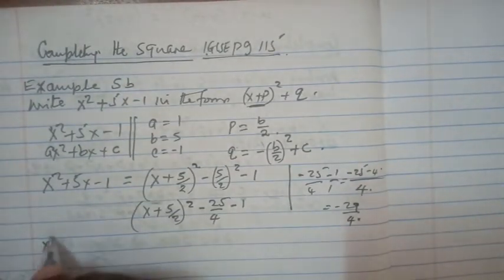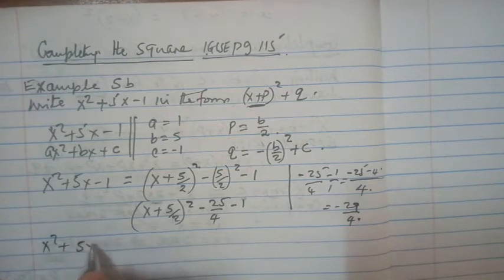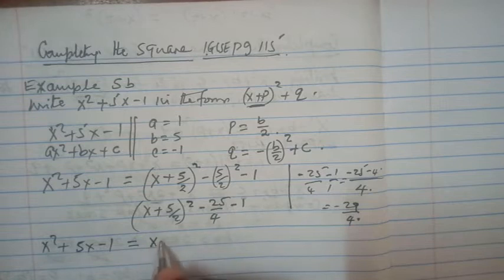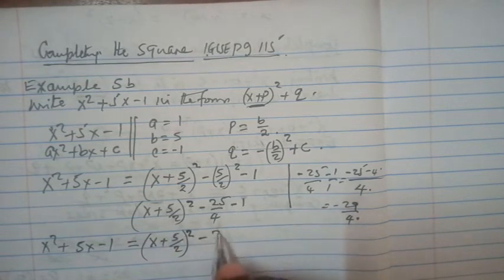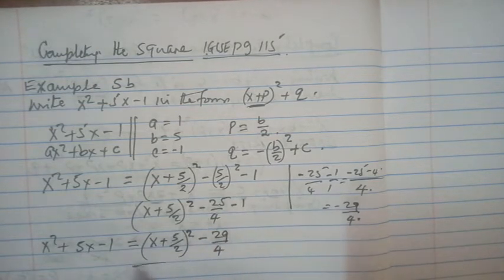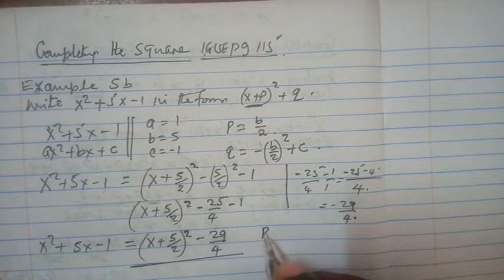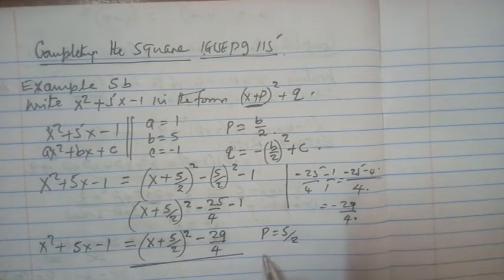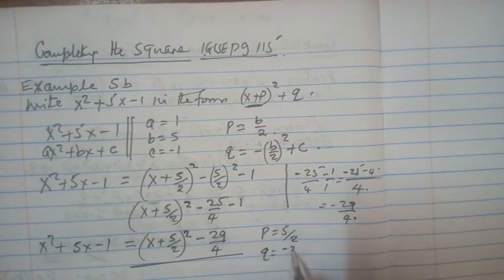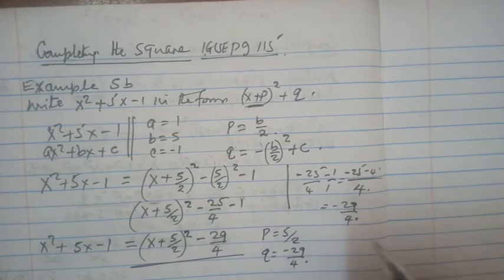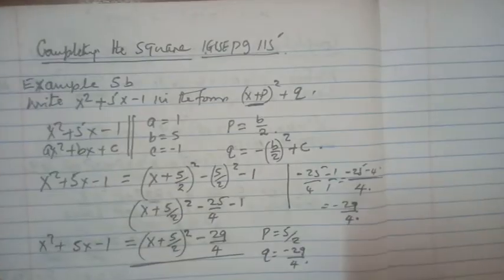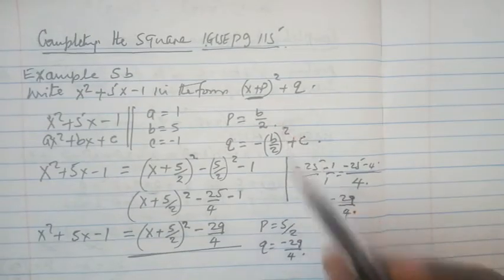So x squared plus 5x minus 1 is exactly equal to x plus 5 over 2 squared minus 29 over 4. And that is it. From this, you can already see that our p is 5 over 2 and our q is minus 29 over 4, if we write it in this format, which we have managed to do.